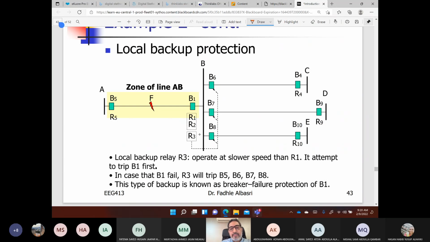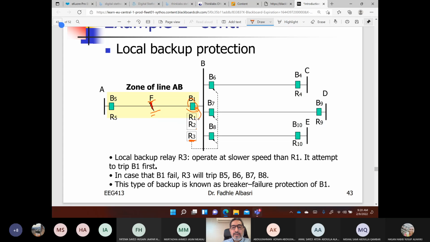In this case, I'm showing R3 as a relay: if there is a fault at F1, and R1 and R2 are duplicate primary protections, and both of them detected this fault but I have breaker failure, then R3 acts as a breaker failure relay.